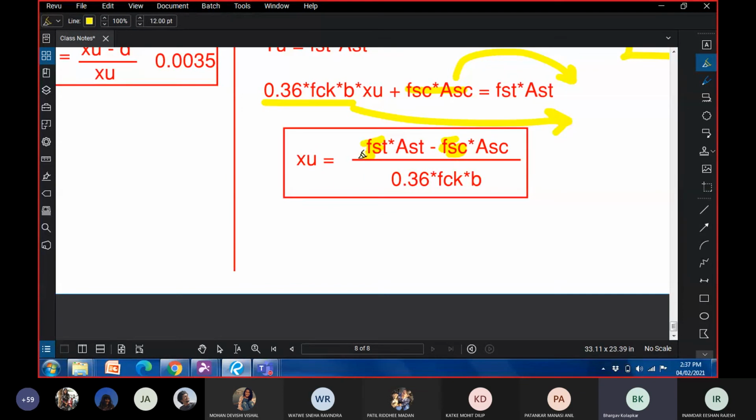For a singly reinforced under reinforced beam, FST was equal to 0.87 Fy. For doubly reinforced beam, we did not know that value. Now here, instead of one stress value of steel, we have two values, that is FST and FSC.